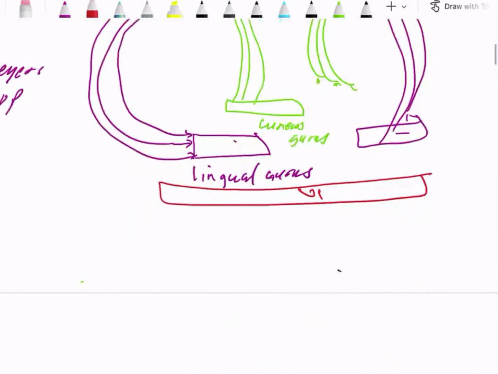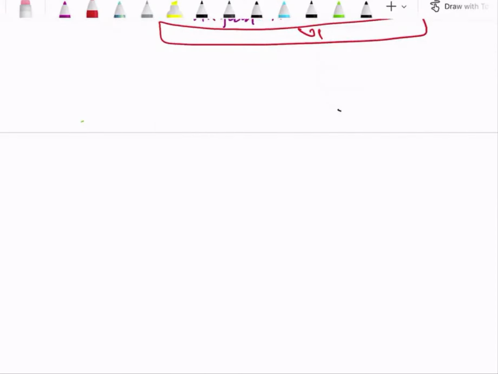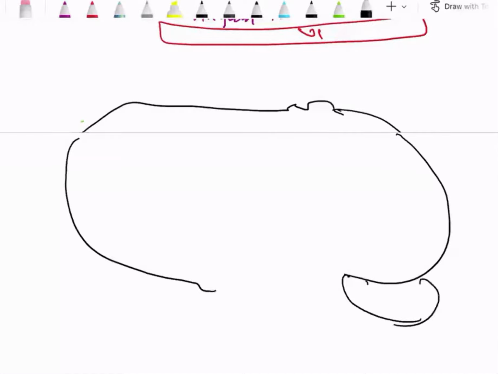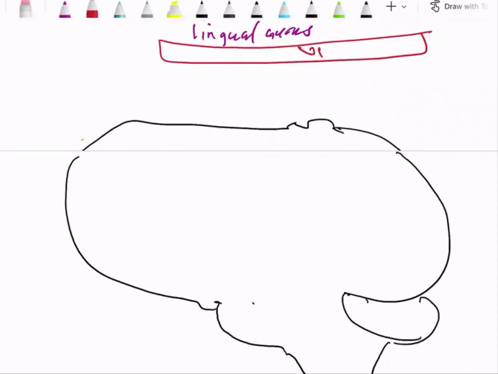And from here, the radiations will go in one of these directions, from the occipital lobe, the visual area.